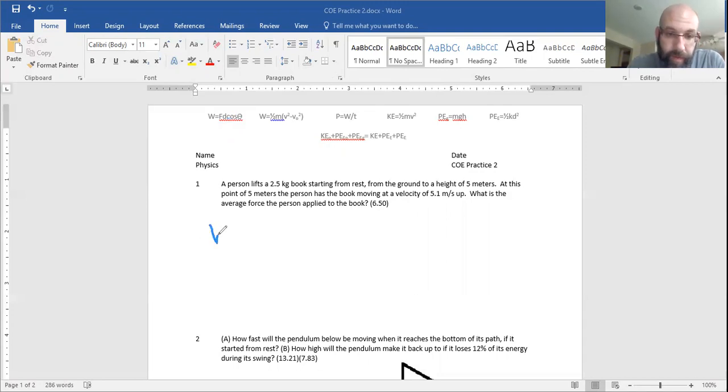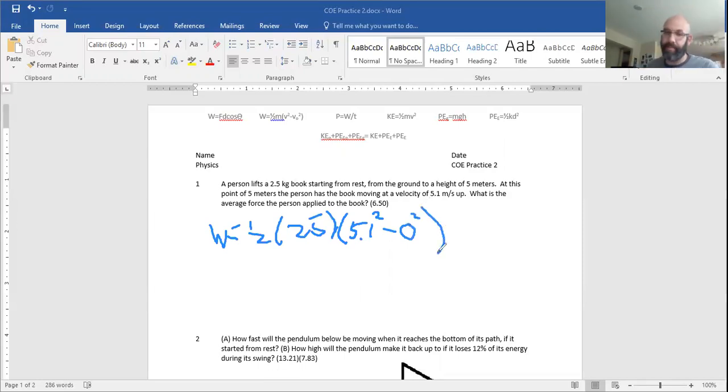All right, so to find work is half of 2.5 times V squared minus V naught squared, or 5.1 squared minus 0 squared, because the initial velocity is 0. So if we do that real quick, 5.1.